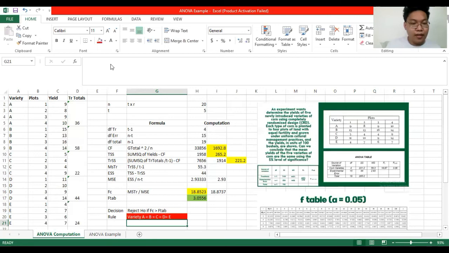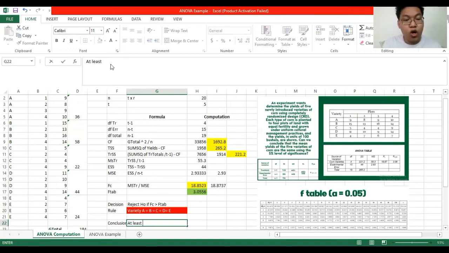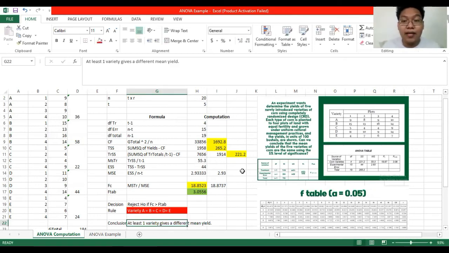Thus, our conclusion is that at least one variety gives a different mean yield. At least one variety gives a different mean yield, which means the yields of varieties A, B, C, D, and E are significantly different from each other at 0.05.